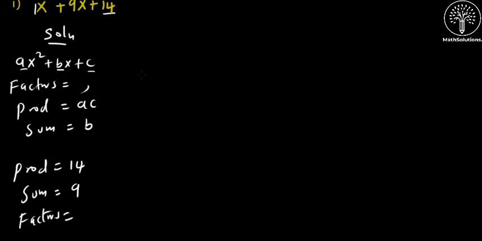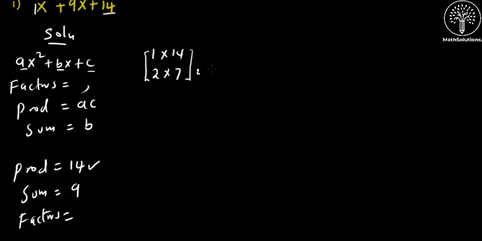Now the factors will be determined from the product 14, so we can list all the possible factors of 14, which are 1 and 14, 2 and 7, because 3 can't divide 14, 4 is not a factor of 14, 5 is not, 6 is not, and 7, of course, repeats itself, so we have these 4 as the factors.